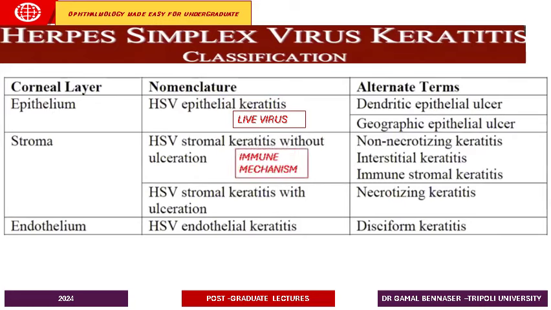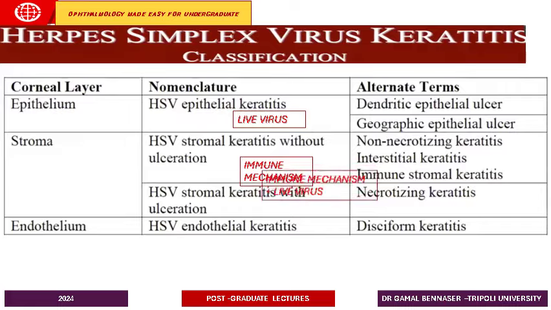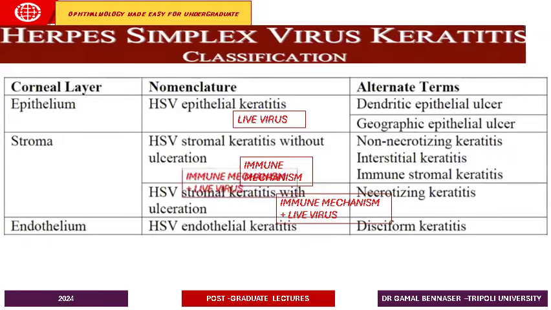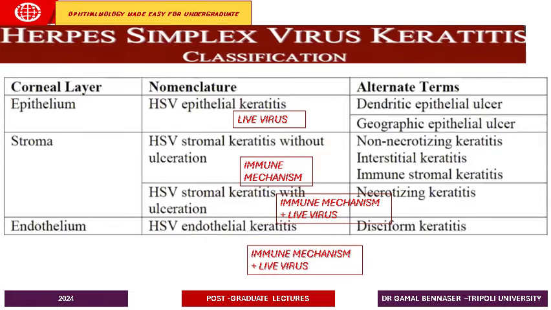However, stromal involvement without necrosis, that's non-necrotizing and without ulceration, is purely due to an immunological reaction. And if there is stromal involvement with necrotizing keratitis due to ulceration, this is due to a combination of both immune mechanisms as well as live virus multiplication. Similarly, endothelial involvement can be purely immunological, or it can be a combination of both the immunological mechanism and active viral replication.